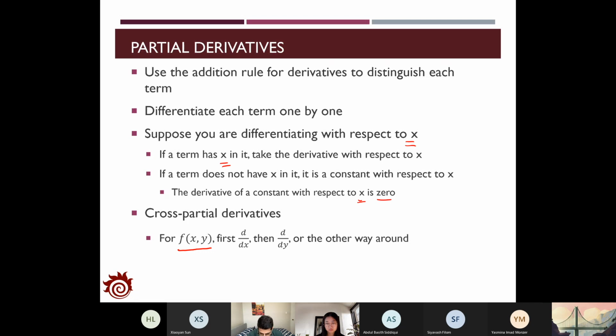For the cross partial derivative, we will first do the first order derivative with respect to x, and then do the derivative with respect to y. You can also do it the other way, first get y and then get x. So that's the cross partial derivative.